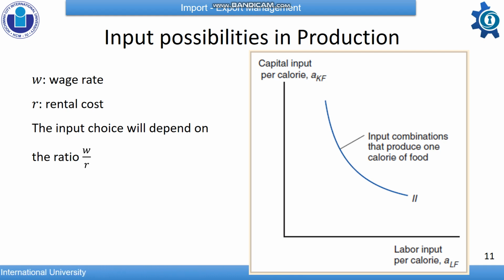So the graph here represents the possible input combinations that produce 1 calorie of food. The x-axis is the labor input per calorie, and the y-axis is the capital input per calorie. The blue line is the combination between the labor input and the capital input.